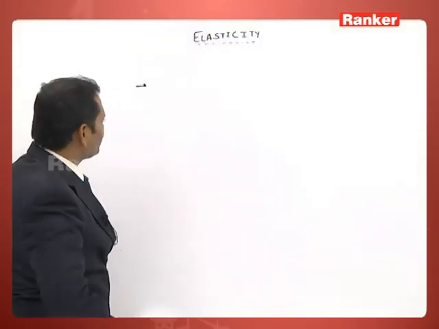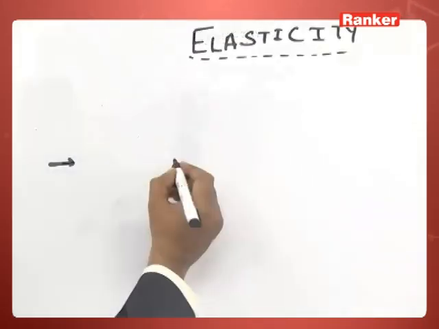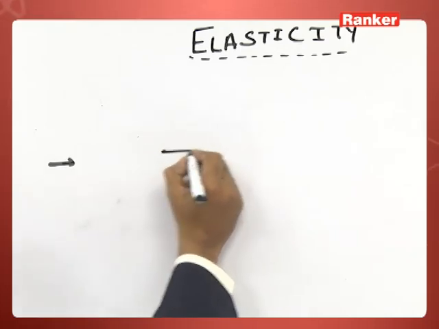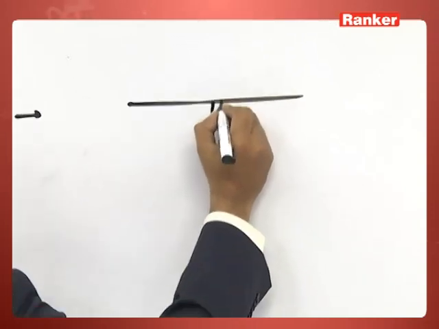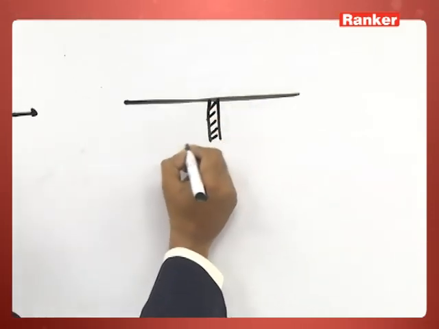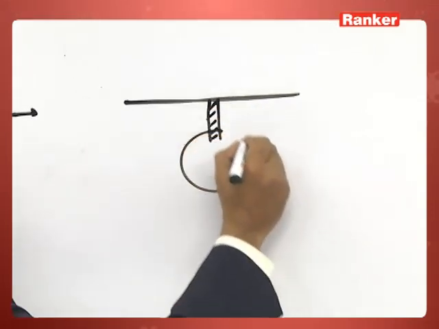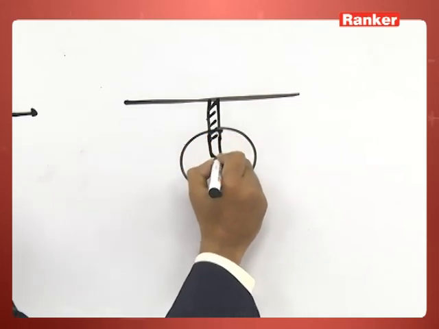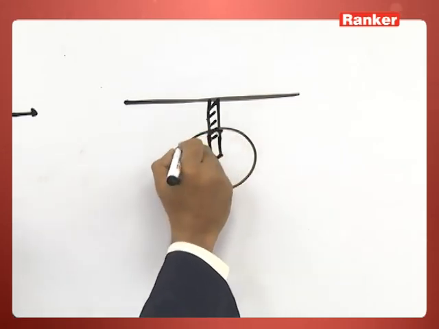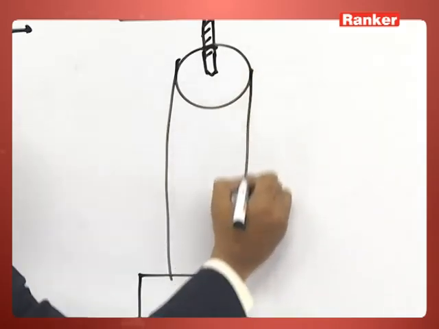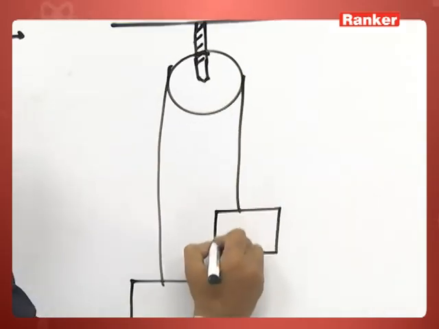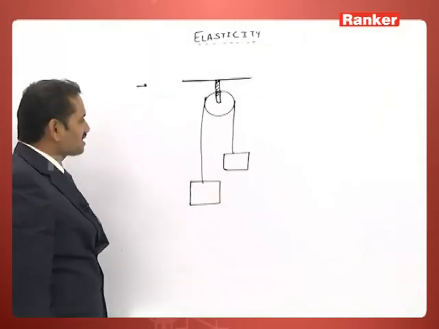Next, students, they will think about it like this: a string passes over a pulley like this. It is a basic one for us, and we clearly have an idea about this.